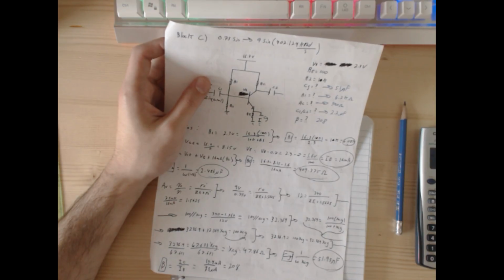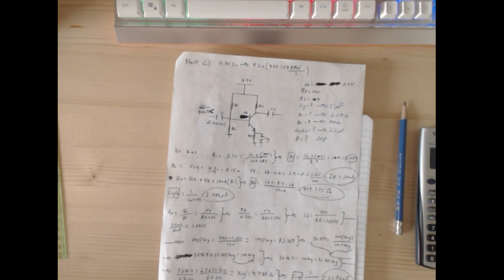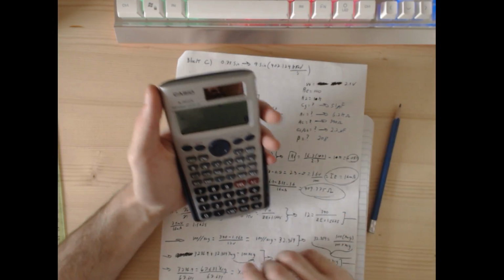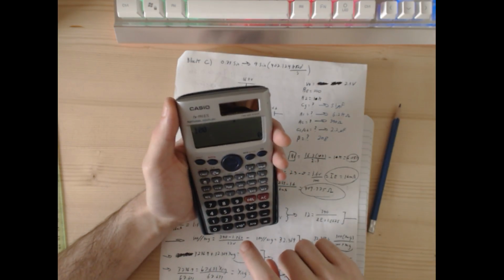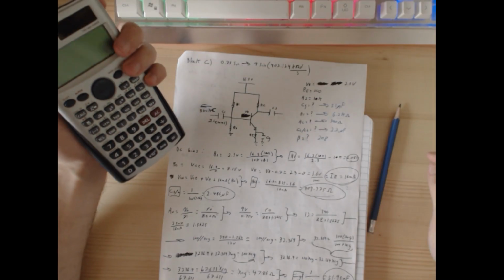Must be less than 10 times Z in. Huh. So my values are wrong. I need a way lower value for... But wait, what happens then? Let's say I were to use 100 ohms. Wait, that's strange. Hold on.